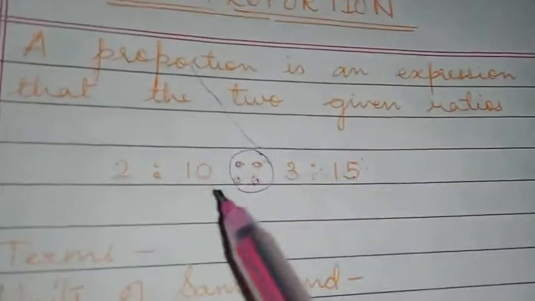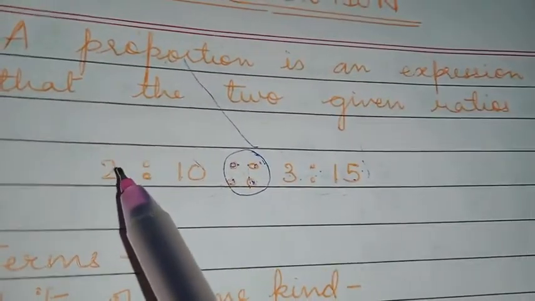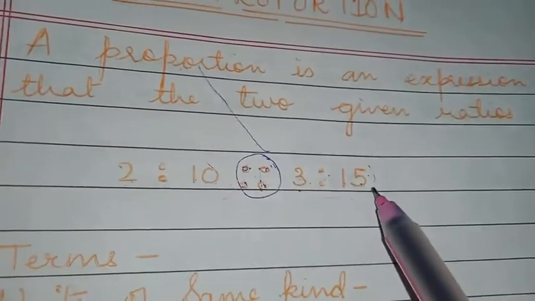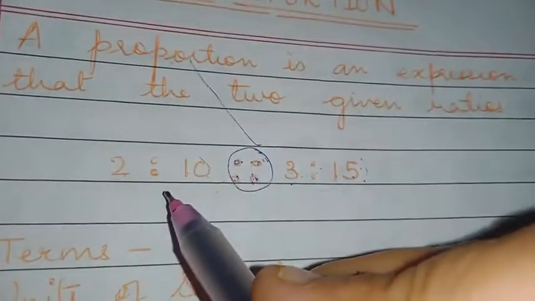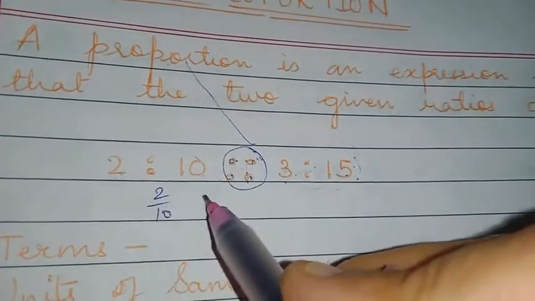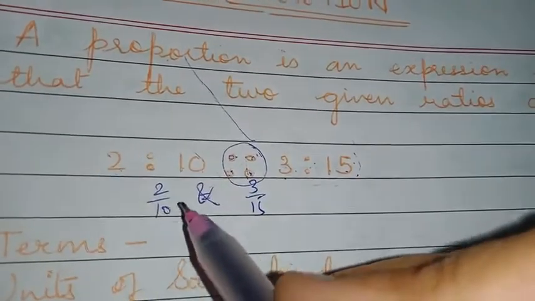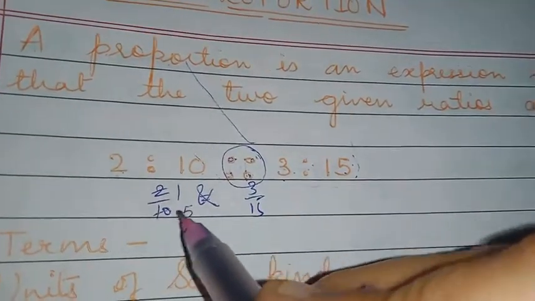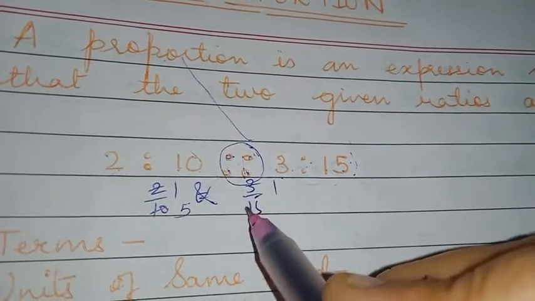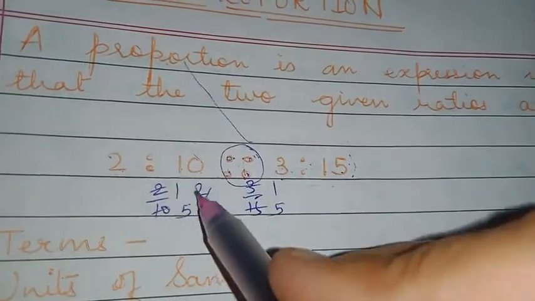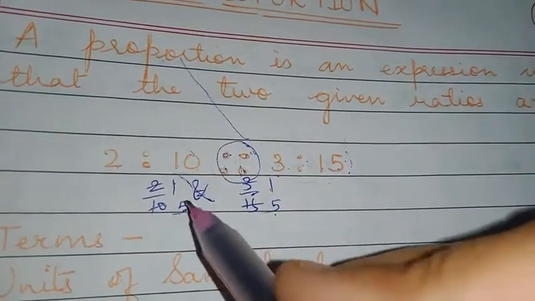Now you will say, Miss, where is how they are equal? Because this is 2 is to 10, this is 3 is to 15. So what we will do is 2 upon 10 is equal to 3 upon 15. So 2 ones are 2, 2 fives are 10, 3 ones are 3, 3 fives are 15. So both the answers are 1 by 5, 1 by 5, or 1 is to 5.